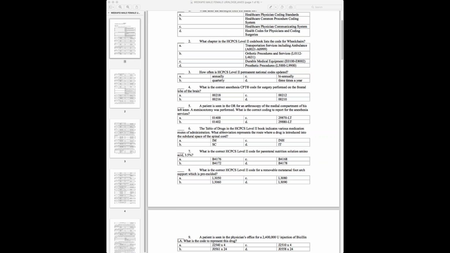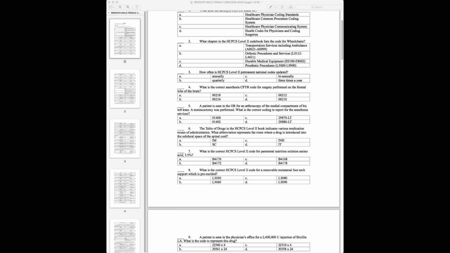First of all, number 45, you should be 59618, because that was her attempted vaginal delivery after previous cesarean delivery. So the correct answer for number 45 should be B as in boy. Because she had twins, you've got to capture the second one.